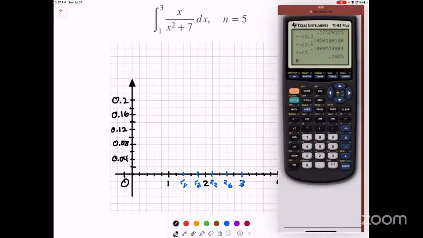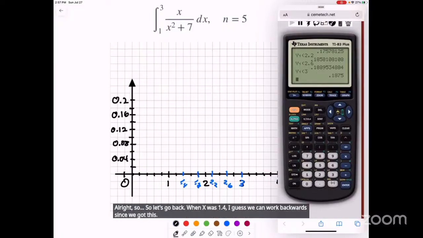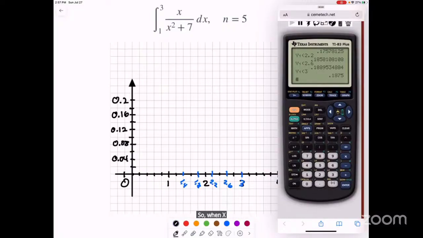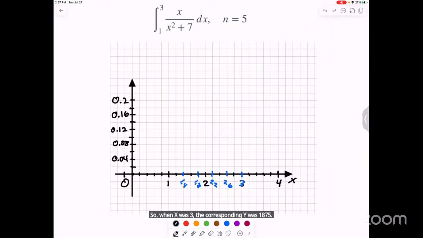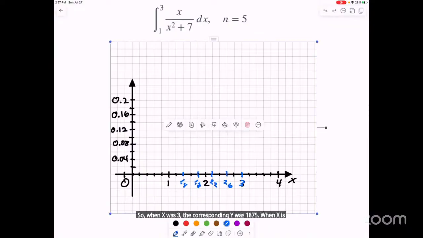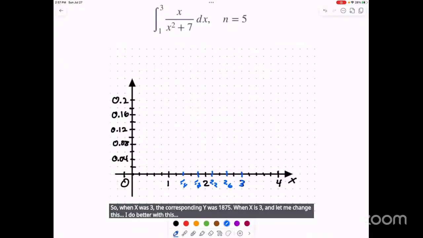So let's go back. When x was 1.4, I guess we can work backwards since we got this. So when x was 3, the corresponding y was 0.1875. Let me change this. I do better with this. Okay.